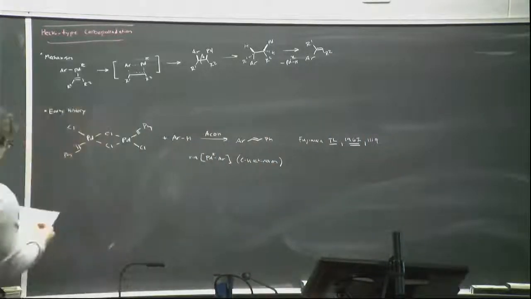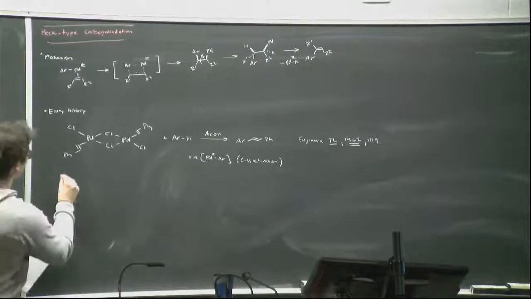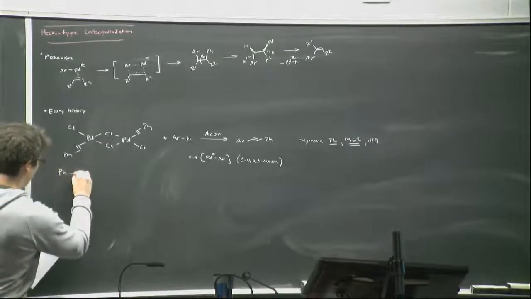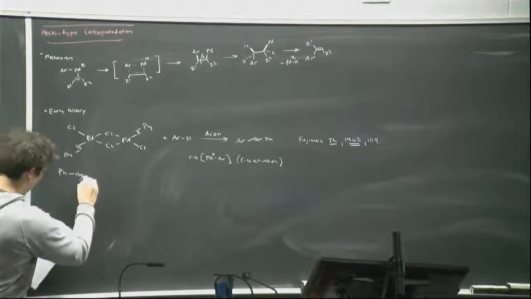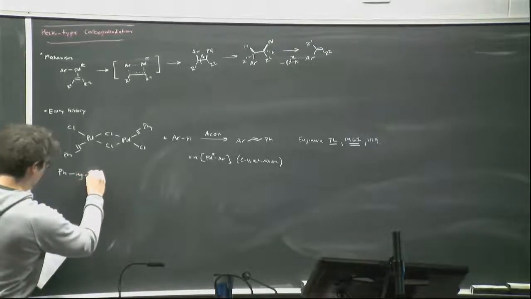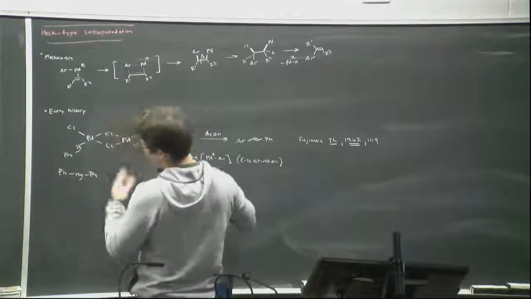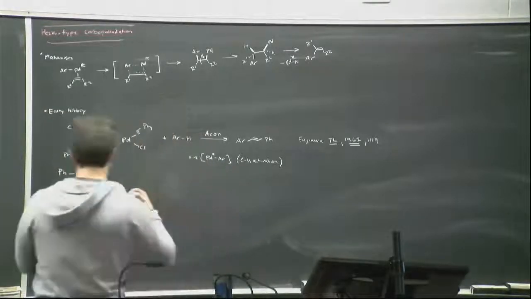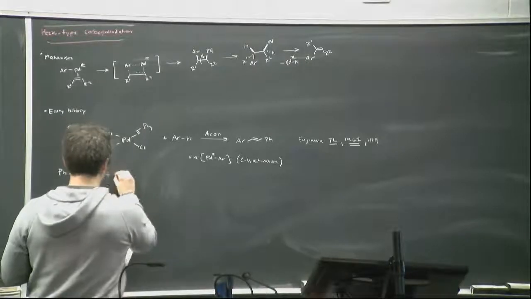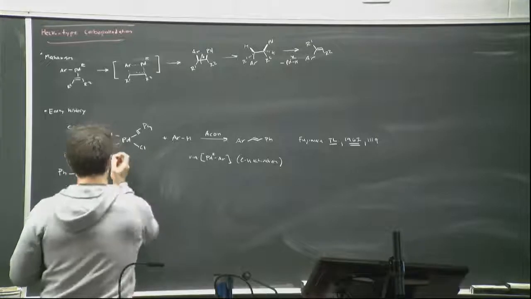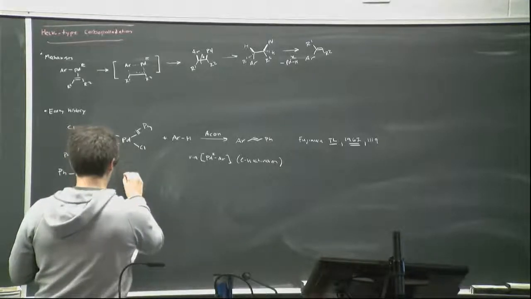And around the same time, Heck was focused on organomercury nucleophiles, and he found that treating, basically now we're running a Wacker type reaction, but we're using diphenyl mercury as our nucleophile, and this is going to transmetallate to palladium-2.